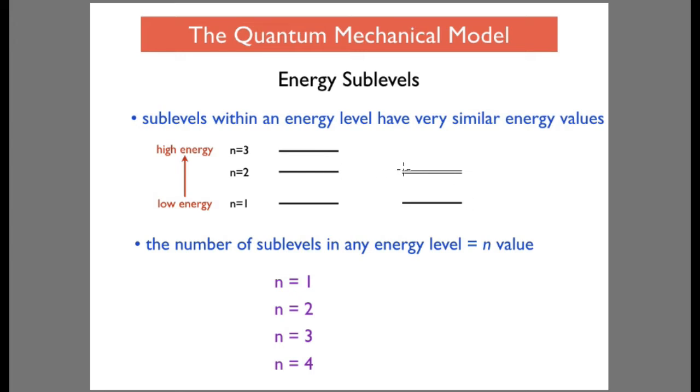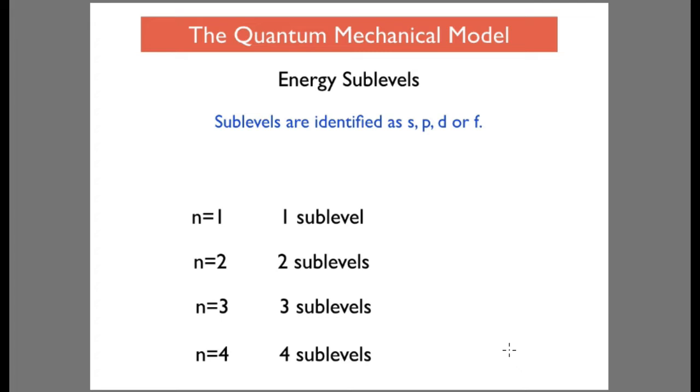In the second energy level, you can see it's divided into 2 sublevels. And the third one is divided into 3 sublevels. It's easy to remember how many sublevels are in each energy level because they match. So in the fourth energy level, there's 4 sublevels. Easy, right?